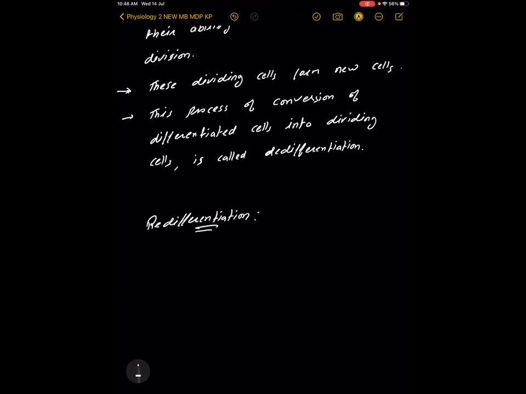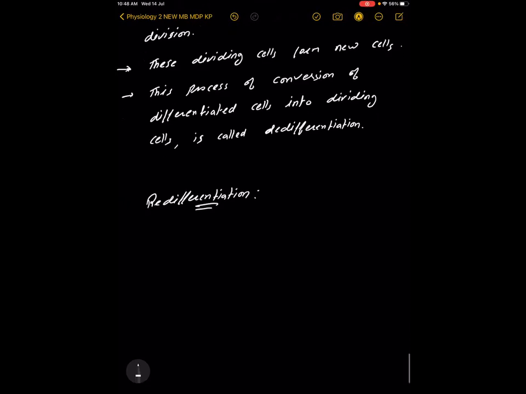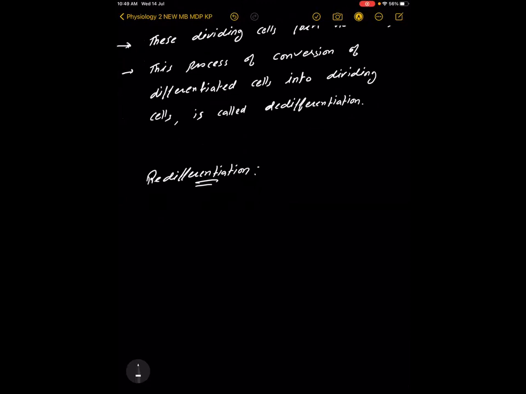Like primary xylem is converted into secondary xylem. Because of the activity of meristem, this primary xylem divides, and the dividing cells are again converted into secondary xylem. So that is called redifferentiation. New cells are formed, again they get differentiated.